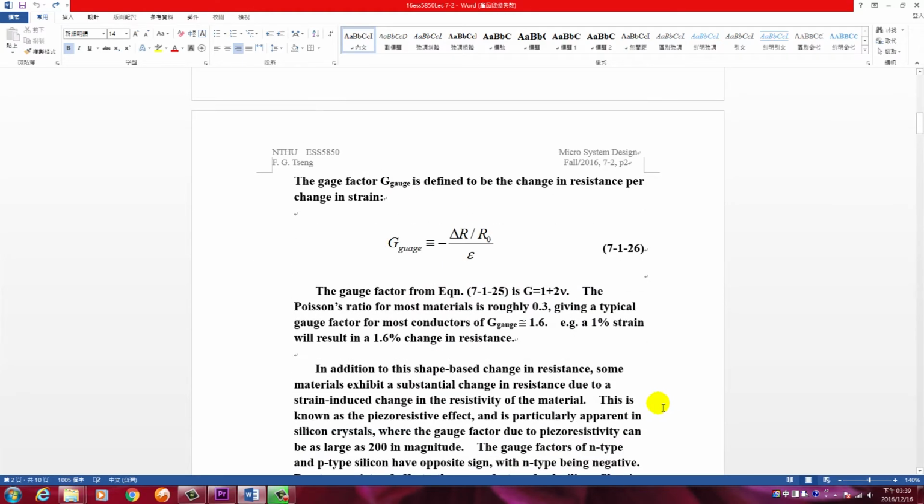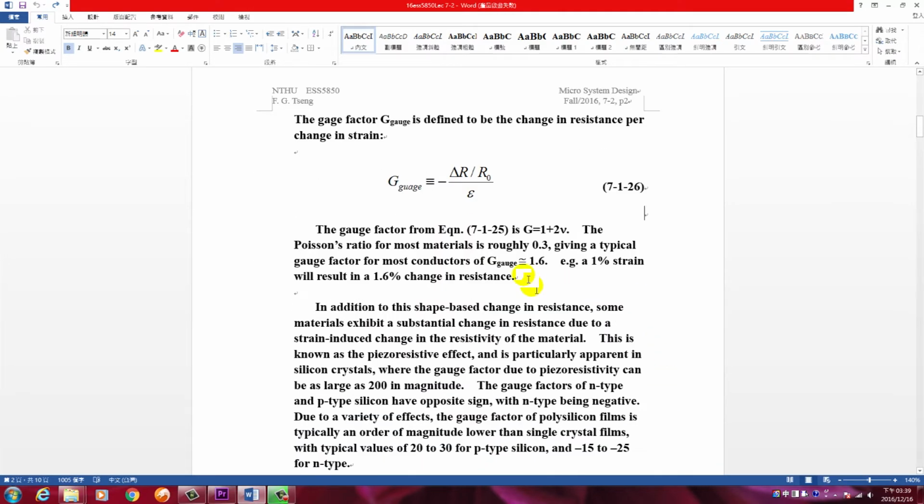So the enlargement ratio is not large. If we use the metal thin film as your sensor, this is the result you will get. The metal film cannot become a good piezoresistive sensor. The gauge factor is small.